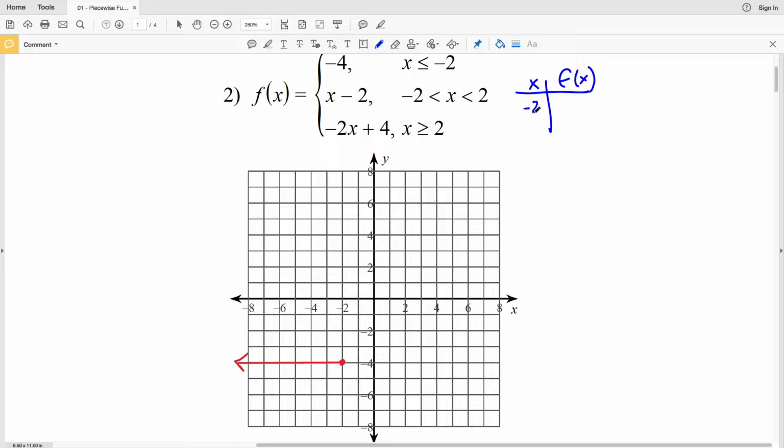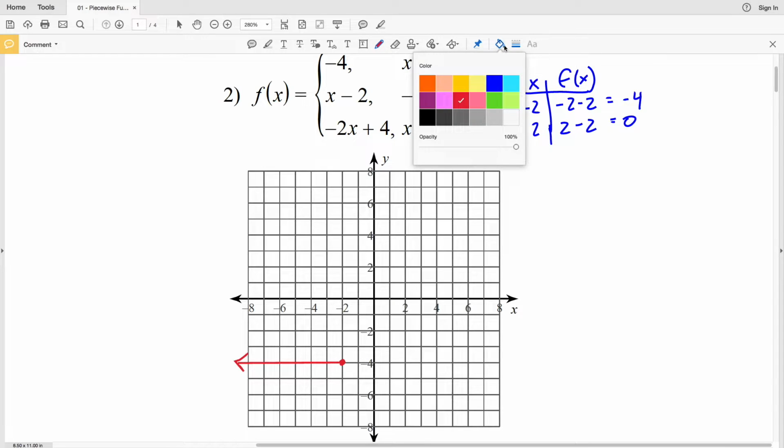So plugging negative 2 in for x and 2 in for x, I'll have negative 2 minus 2, which is a negative 4, and then I'll have 2 minus 2, which is 0. So my first point, which would be an open circle, is at negative 2, negative 4. However, that point is already included in our function, so it will be filled in. And then next, we'll plot 2, 0, and that should be an open circle, and then I'll connect those points.